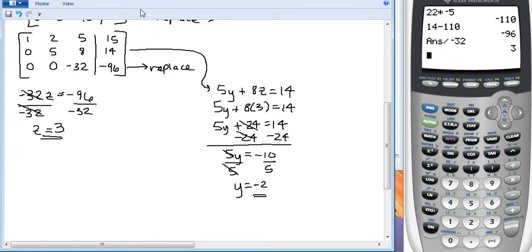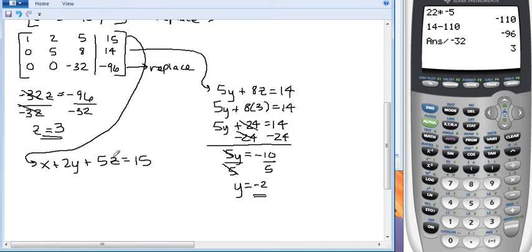And finally, I'm going to go up to this top row. It's going to scooch down here. I'm going to re-put that in with my variables. So I have 1x plus 2y plus 5z's is 15. This is the only one I don't have. I know y is -2 and I know z is 3, so I'm going to put those in. Okay? 2 times -2 plus 5 times 3 is 15.